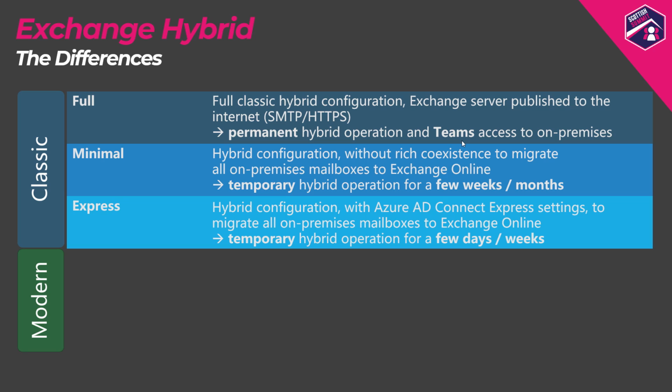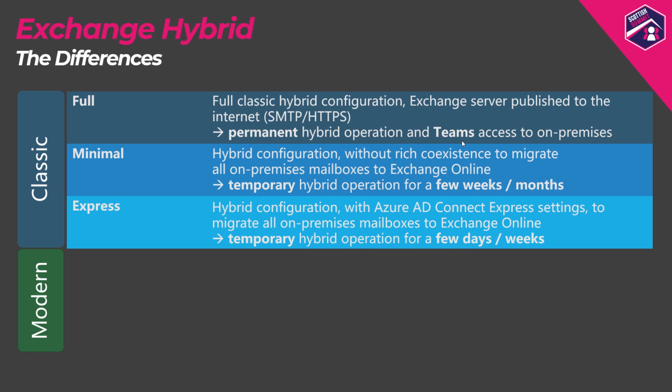And it uses the Azure AD Connect Express setting. So Express is not only for migrating all of your on-premises mailboxes to Exchange Online, but at the same time, it's about migrating your complete local Active Directory to Azure AD.